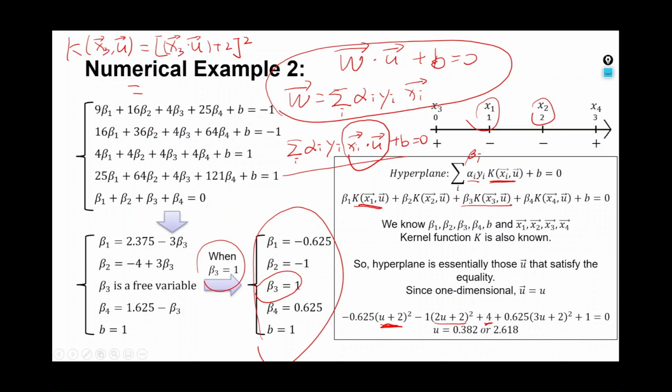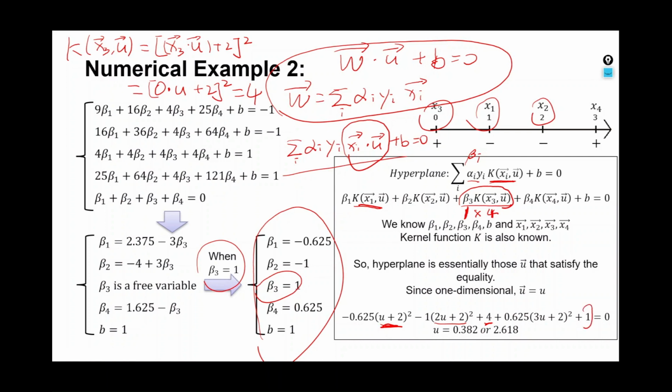What is x3? x3 is 0, right? So it's 0 dot u plus 2 squared. 0 times anything just gives us 0, right? So it's just 4 over here. That's why for this term it is basically 1 multiplied with 4. We got 4, right? Then similarly for beta 4, you can try it.